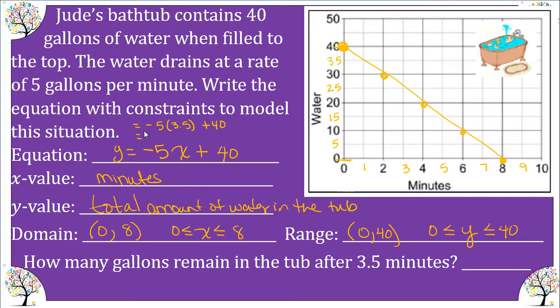And we have 3.5 times negative 5 gives me 17.5. And then when I add that to the 40, that's 22.5. So in 3.5 minutes, I have 22.5 gallons.